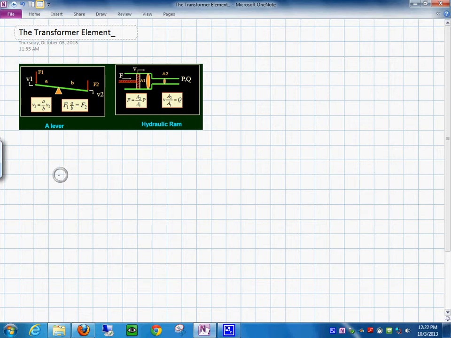By the way, before I begin, you have as a picture a mechanical transformer and a hydraulic one.